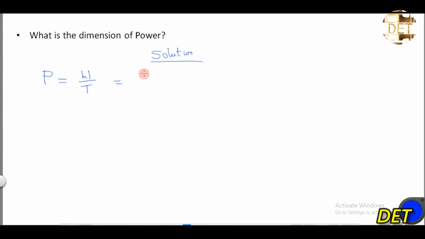So that's the dimension for work done, over T. So that's the dimension for power now, right? So this will now be equal to M L squared T raised to the power of minus 2. When this T comes up, it becomes what?